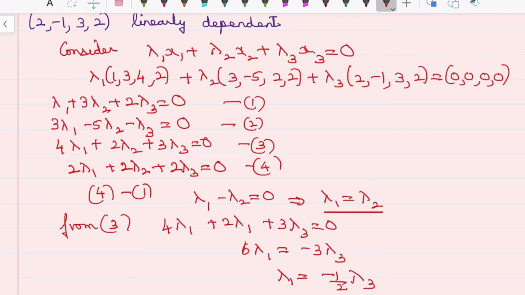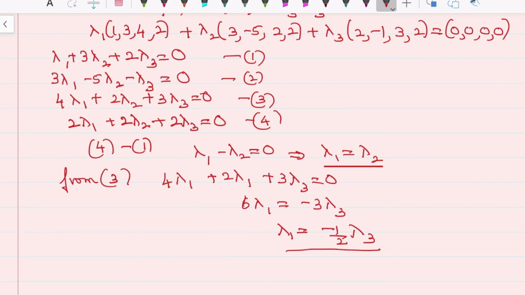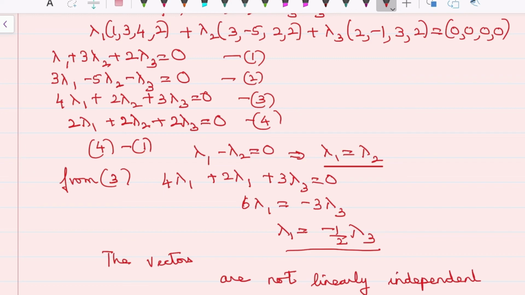Lambda 1 equal to lambda 2 and lambda 1 is minus half lambda 3. So we can say that the vectors are not linearly independent because you are writing one as a linear combination of the other, and because of that, lambda 1, lambda 2, lambda 3 cannot all be 0. So the vectors are not linearly independent.